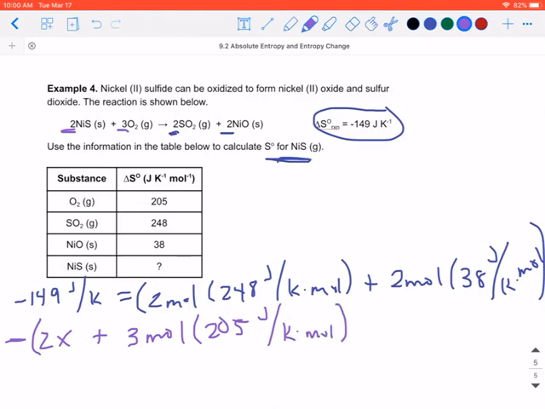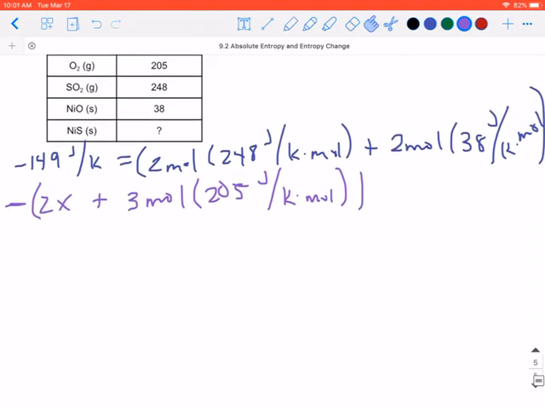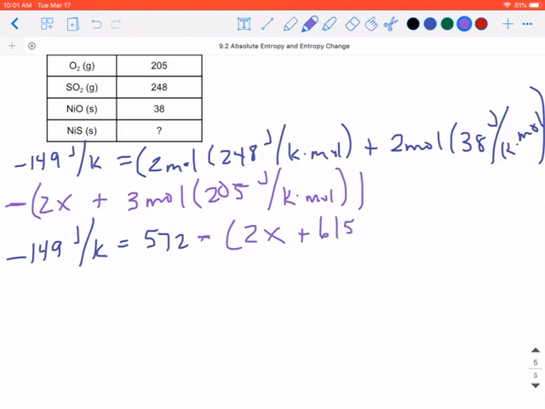Okay, so then when I start to solve this out, I get negative 149 joules per Kelvin equals 572 minus our 2x plus 615 joules per mole.